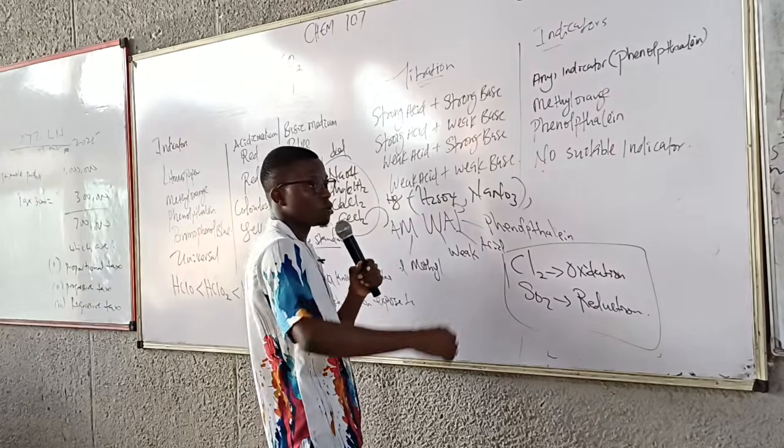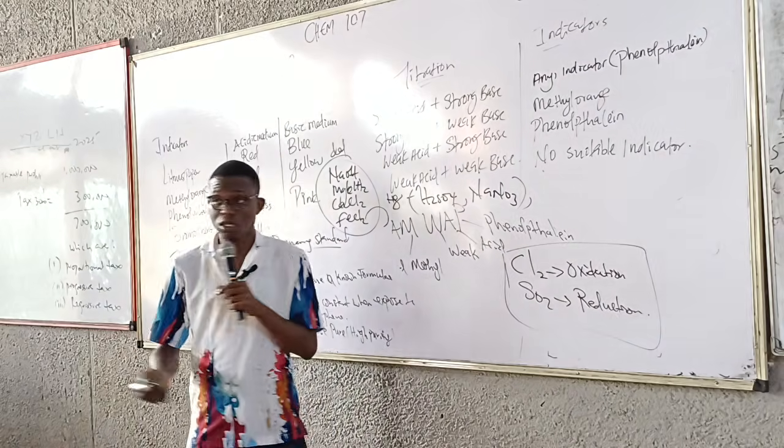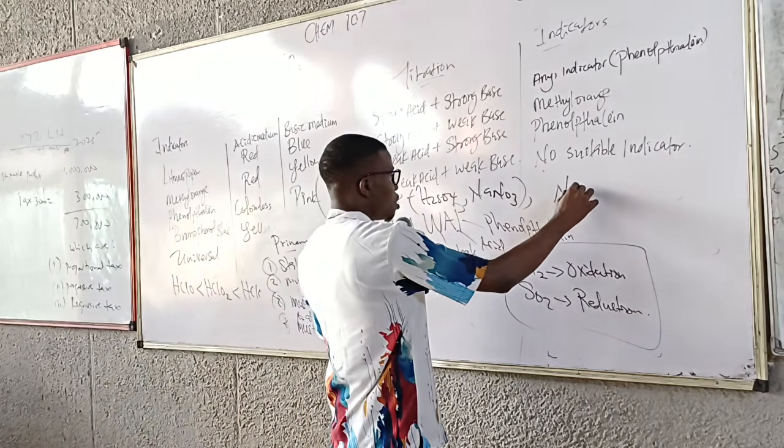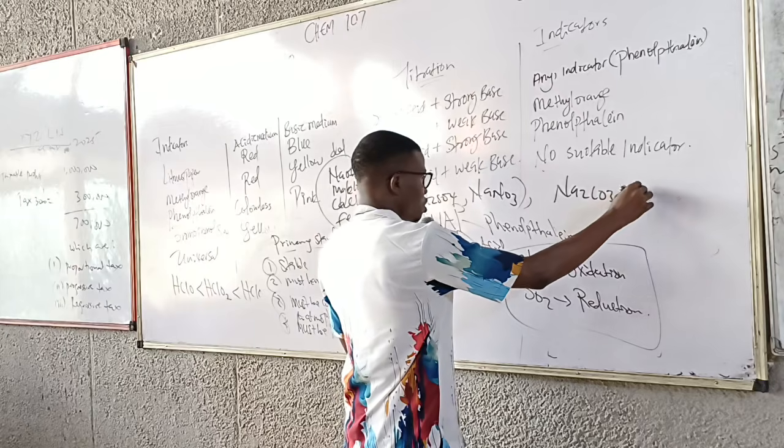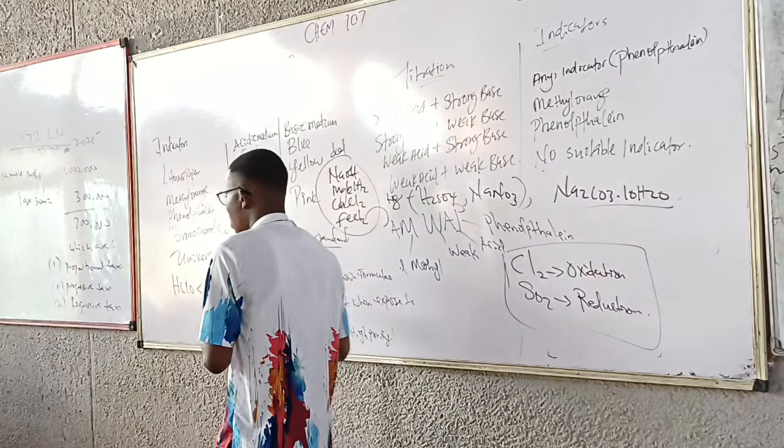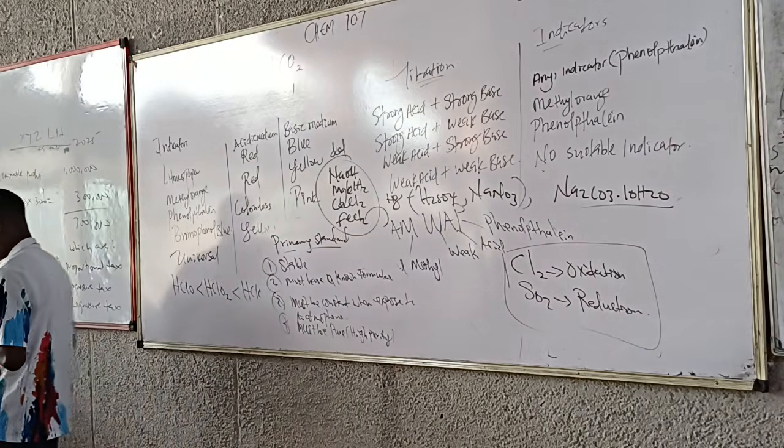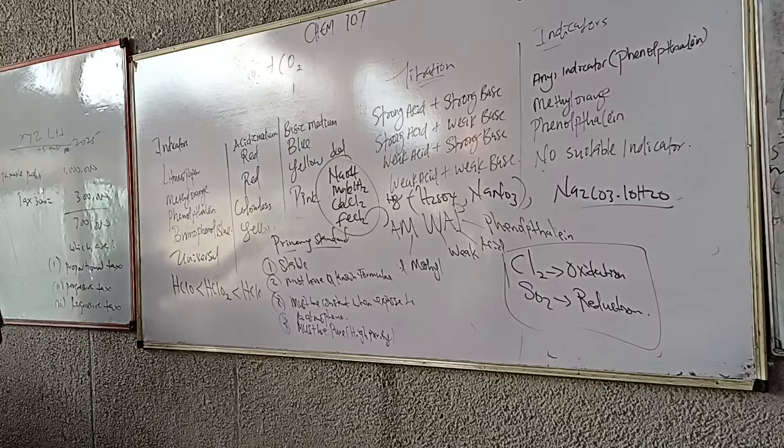Then under efflorescence, you don't need it, but efflorescent is washing soda, which is Na2CO3.10H2O. I have your Glauber's salts also. Just change the CO3 to SO4. You have Glauber's salt. So that is it.